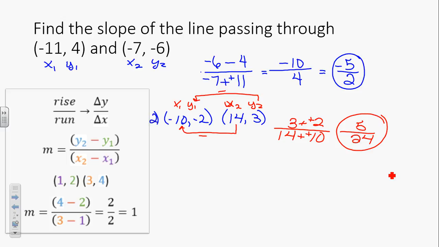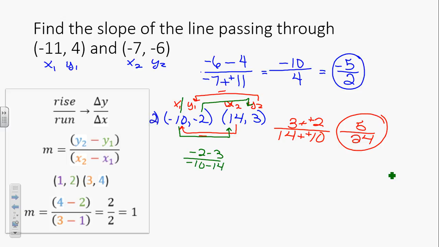Absolutely. Okay. Now another question. I thought you might be asking this one. What if I chose to let this be my x2, y2, x1, y1, right? I can do the same thing. I can reverse the order. I can say what is negative 2 minus 3, and I can say what is negative 10 minus 14.